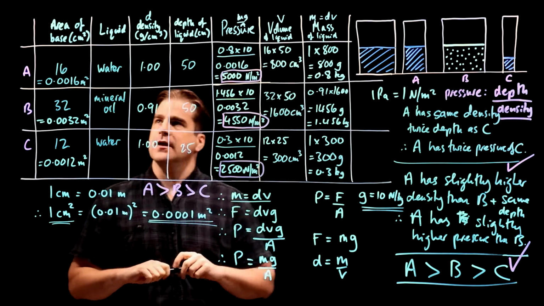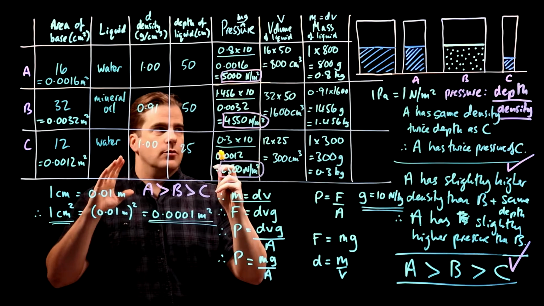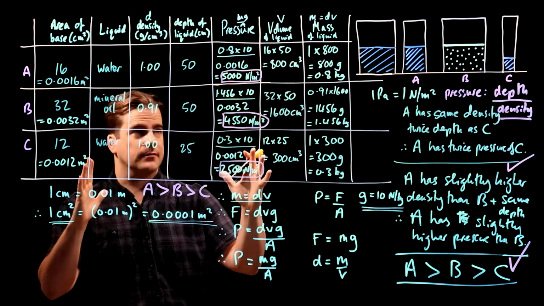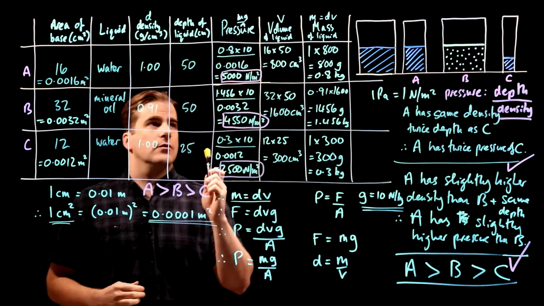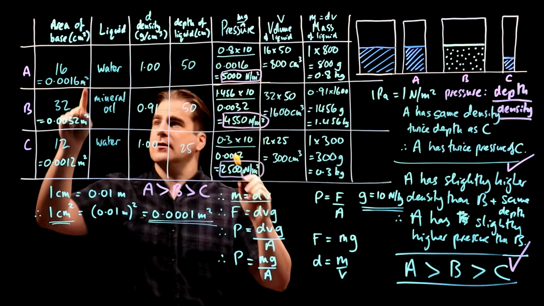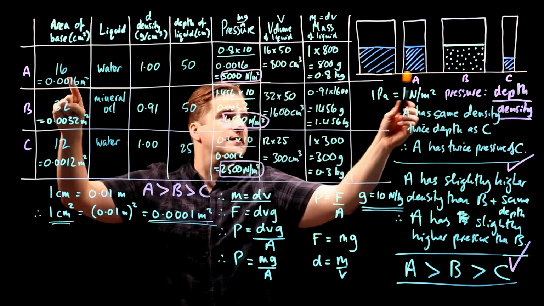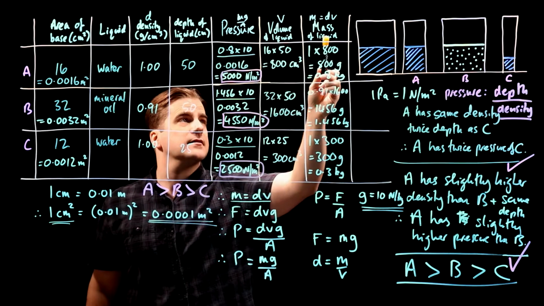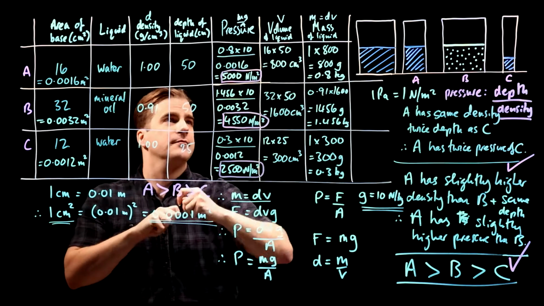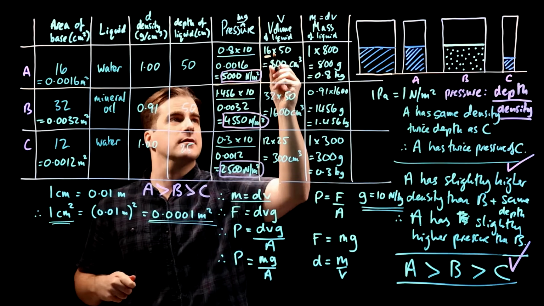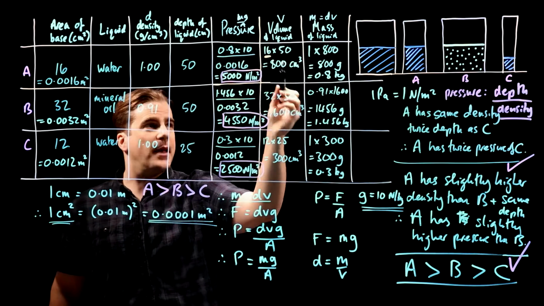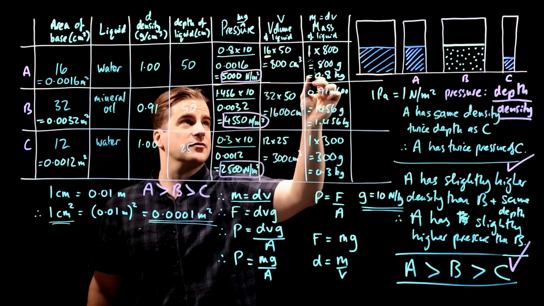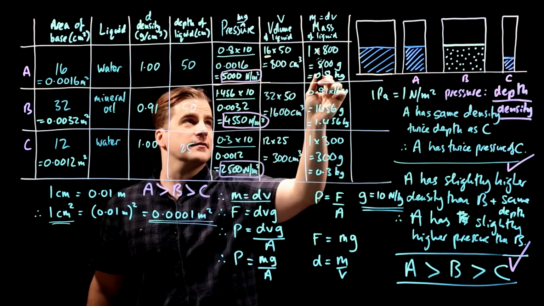So it doesn't depend on area, and we saw that borne out in the calculations, right? The area of the base was used in these calculations. We used it to calculate the volume here, so it's embedded in this number here, the volume, and it's therefore embedded in the mass because we multiplied by the density to get the mass.